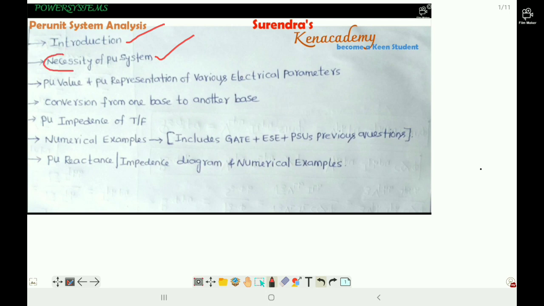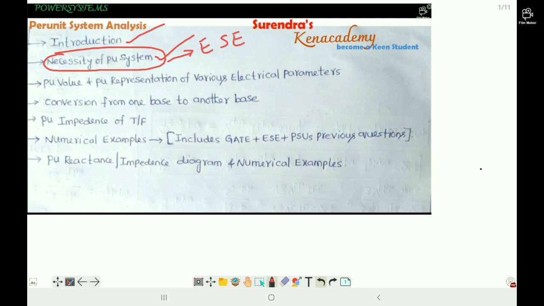This necessity of Perunit system is a theory concept, mainly important from the ESE point of view, for those preparing for engineering service exams, to answer any descriptive theory questions with respect to Perunit system.